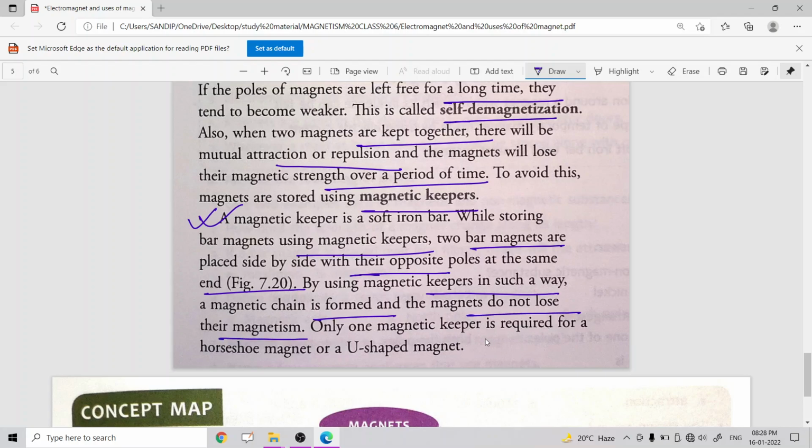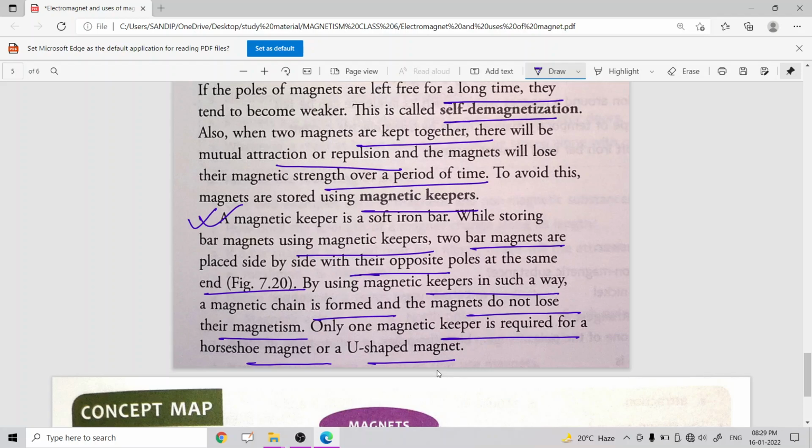Only one magnetic keeper is required for a horseshoe magnet or U-shaped magnet. Generally, if the poles of magnets are left free for a long time, they become weaker. This is called self demagnetization.